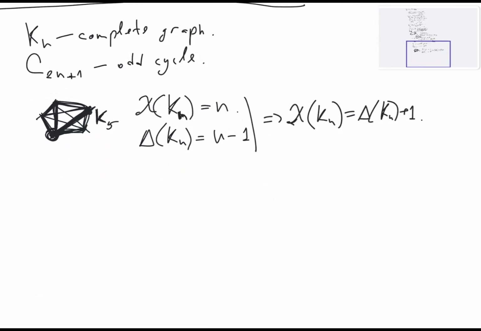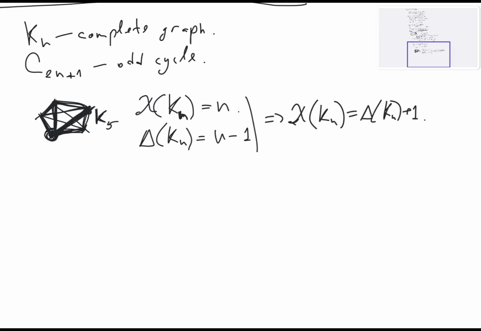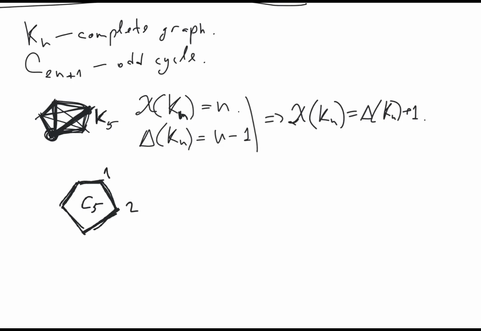And for an odd cycle, so this is C5, right? It can be colored into 3 colors. We simply alternate colors until the last vertex. When we go to the last vertex, we see that we cannot color it into color 1 because it would be adjacent to this, and we cannot color it into color 2 because it is adjacent to this.